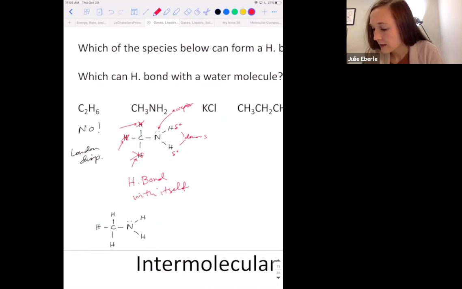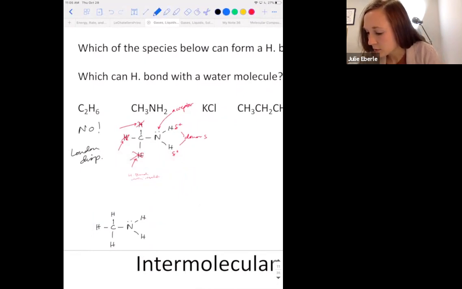If we have the acceptor here, I'm going to shrink this down and draw another molecule in blue. We would simply take one of the donors and orient it towards an acceptor. Here's the NH2 group of a different molecule.